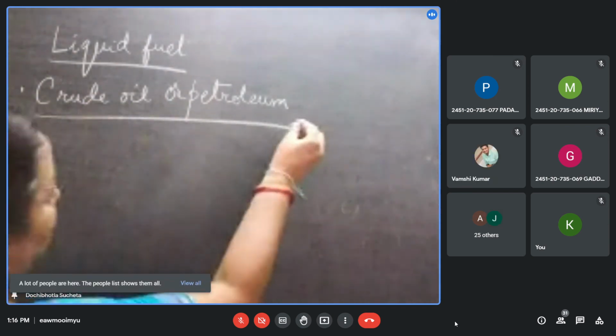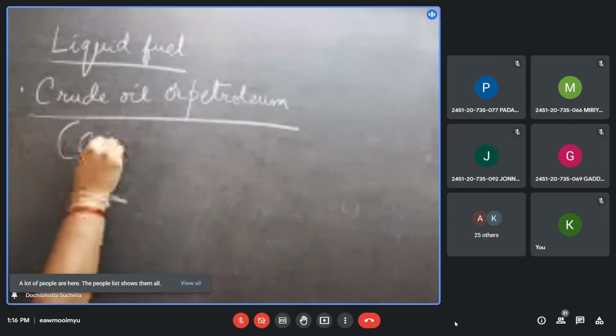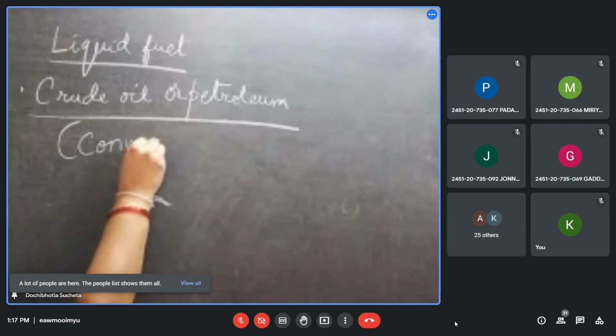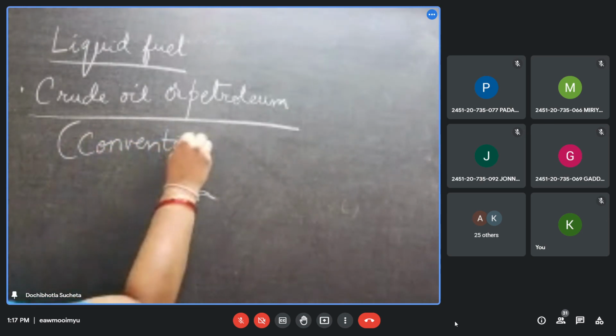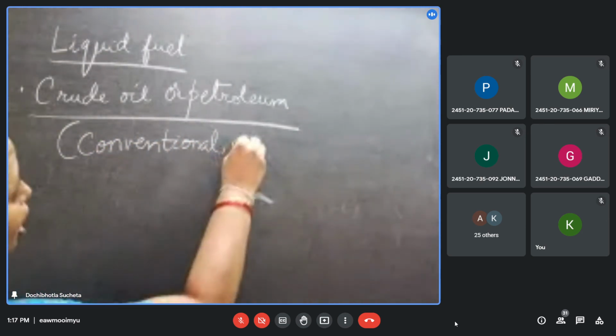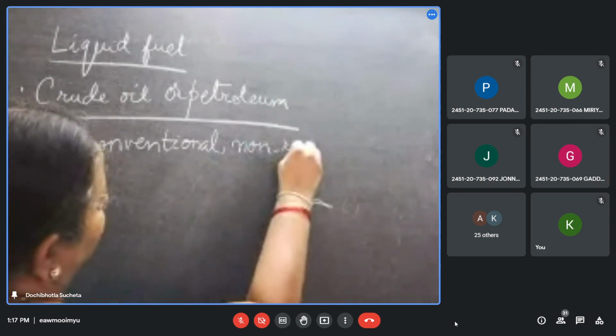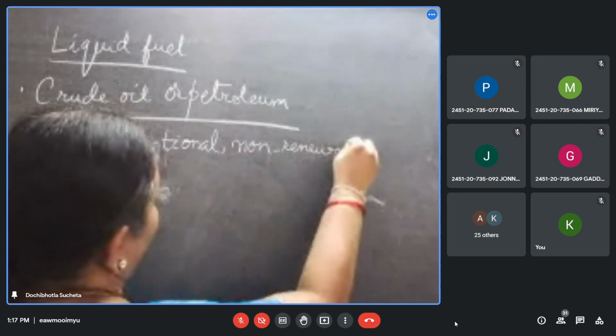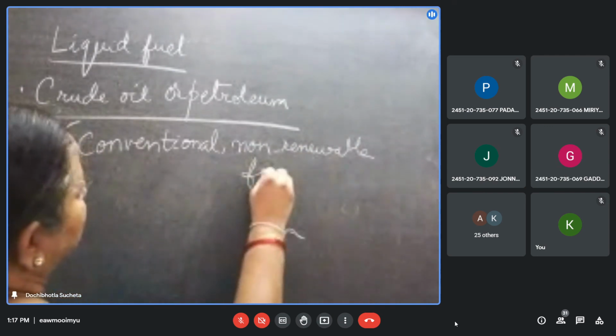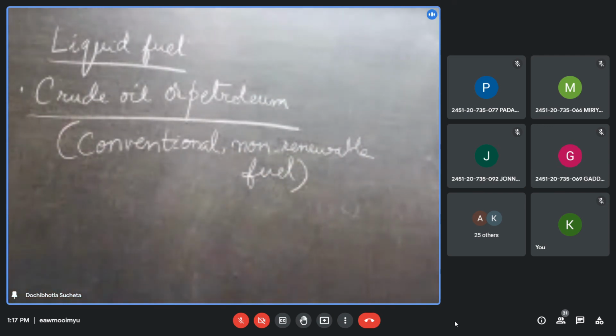So this is a conventional non-renewable fuel, but extensively used for all our vehicles. It dictates the automobile industry. In fact, even our mobility. So here we go. Please write down.